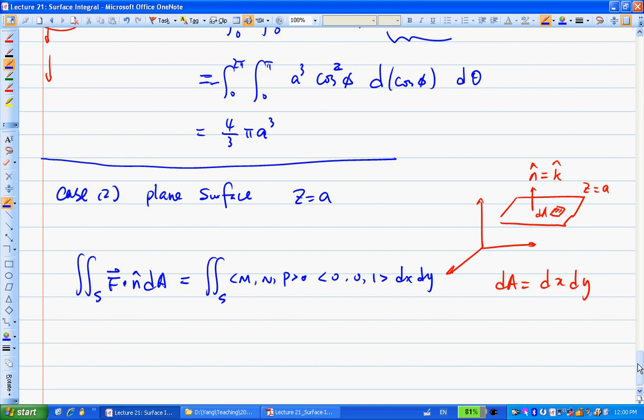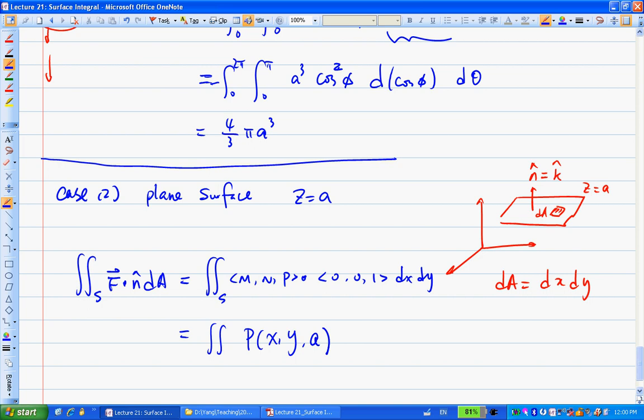So overall you get M times 0, N times 0, P times 1, so there's only the P term left. P is a function of x, y, z. However, the surface is z equal to a, so the z quantity is replaced by a.